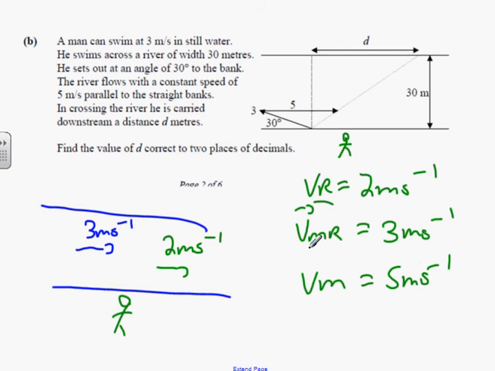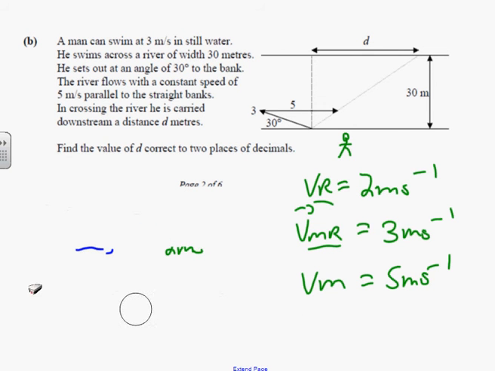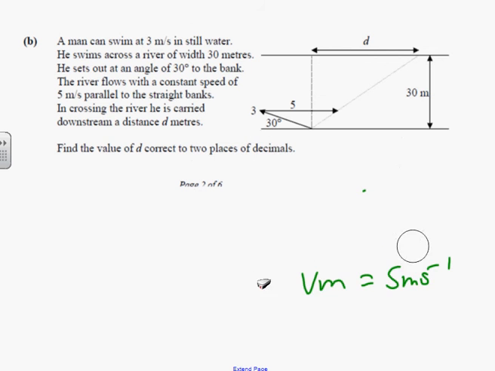Velocity river, man in river means how do you swim when there's no current whatsoever. And then finally, what is actually really happening when you're river assisted or the river takes away your speed, okay? So what we're going to do next is we're going to look at this angle here. So we set off at an angle 30 degrees.